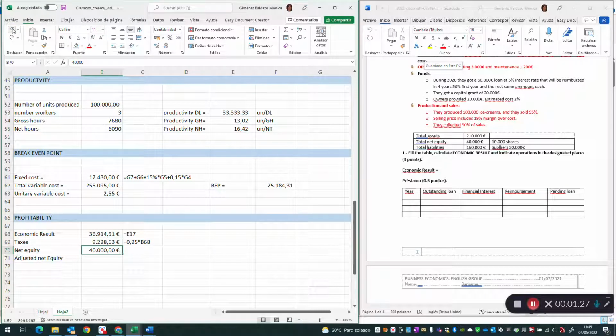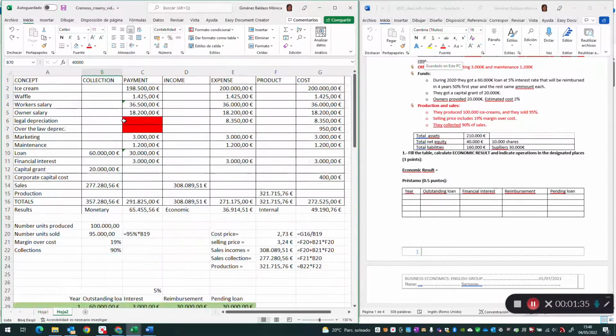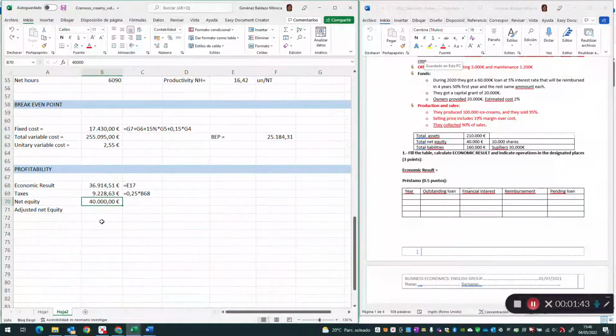And adjusted net equity is net equity minus the capital grant. So let me check here if we have any capital grant. Yes, we have one, this one, 20,000. Okay, so it's still in the chart. So that's what we have to remove from this 40,000 in order to get the adjusted net equity.